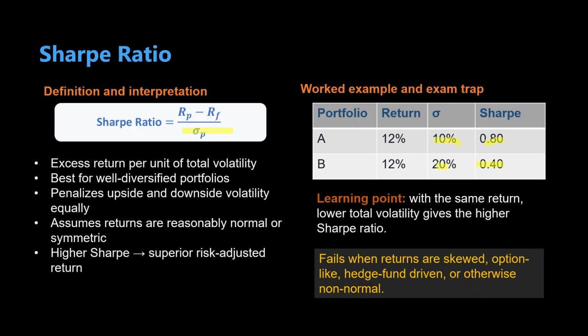For this reason, the Sharpe ratio breaks down when returns are skewed, option-like, or hedge fund driven. If the return distribution is not approximately normal, the Sharpe ratio gives you a distorted picture. And the exam will, of course, test you on exactly this too.